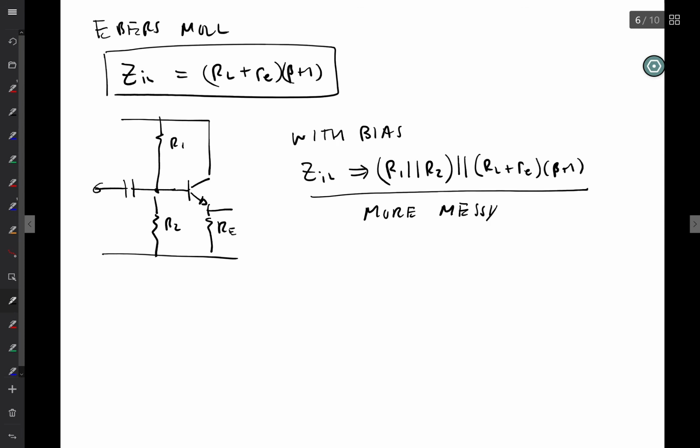It takes more work to work out the deal. So it's not uncommon for this part to be big and this part to be less big. And so what you find is that Zin is very often dominated by the bias network.